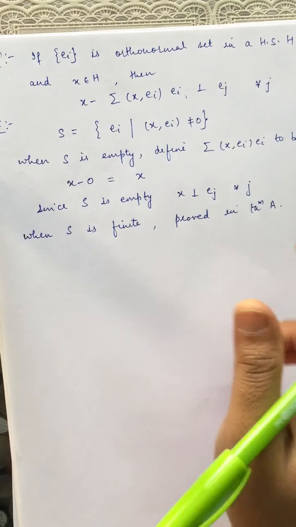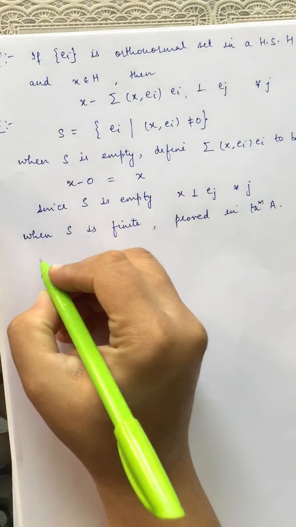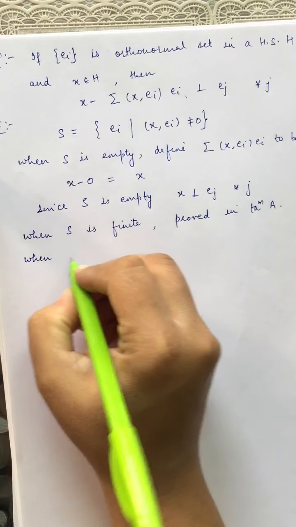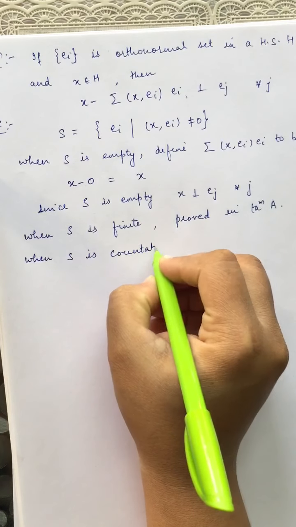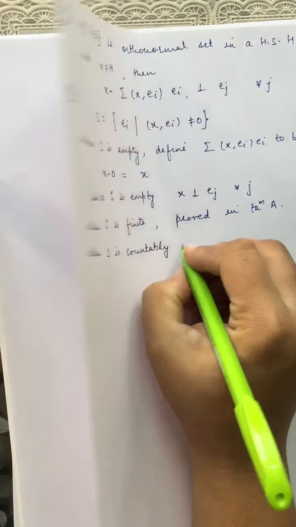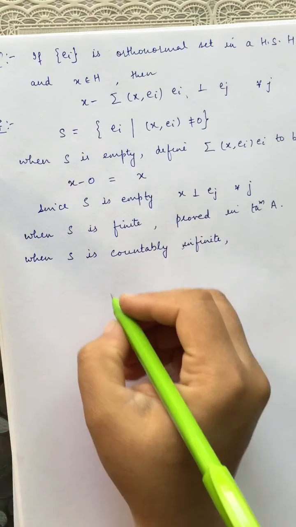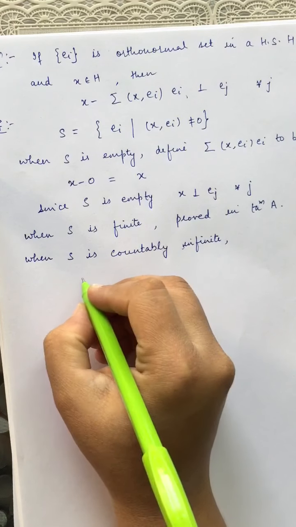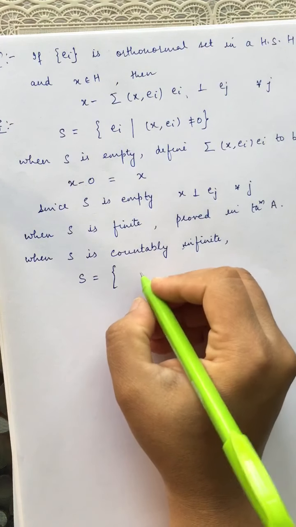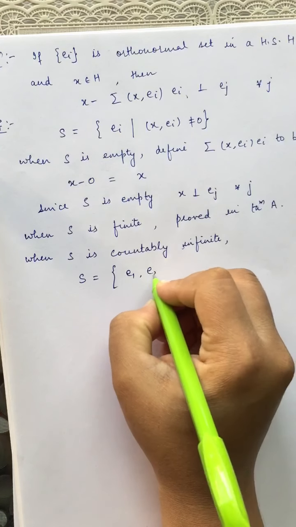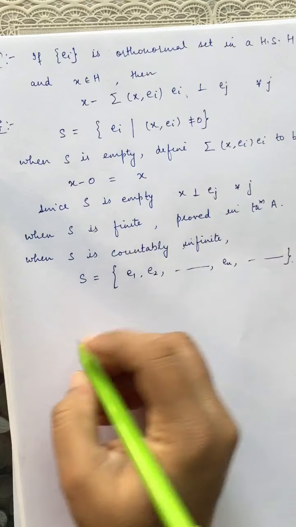Now we will assume that S is countably infinite. When S is countably infinite, let us list the vectors of S in this order: e_1, e_2, e_3 and so on up to e_n, and then so on.